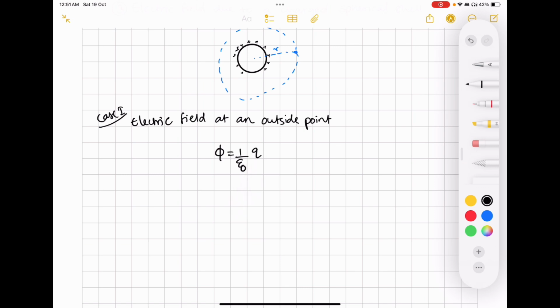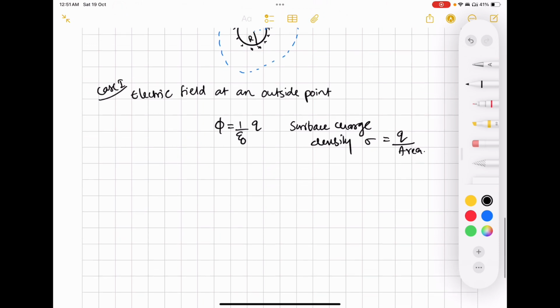So here we will define a new quantity called surface charge density, which is equal to total charge per area. So charge is distributed on the surface of the smaller sphere which has a radius capital R. So we can say that the surface charge density sigma is equal to q by 4 pi capital R square.